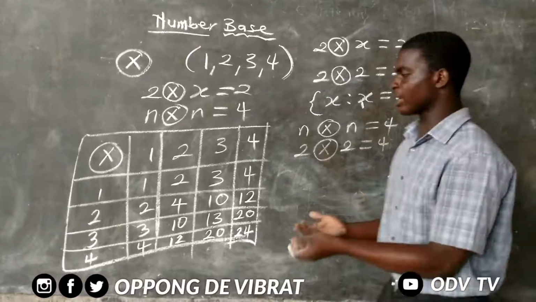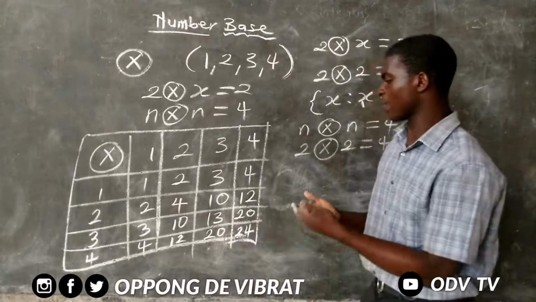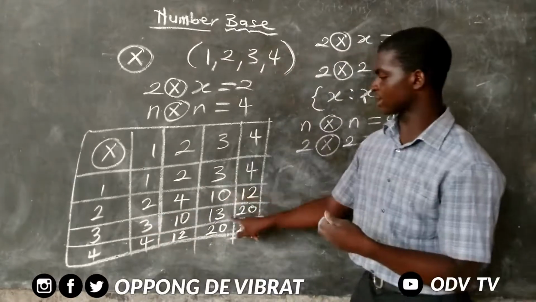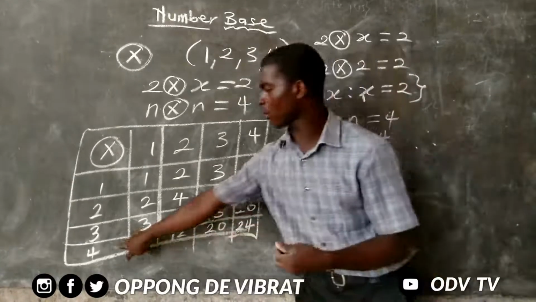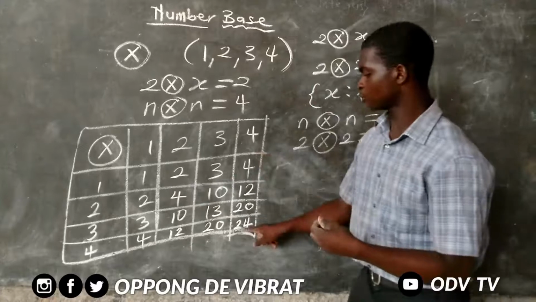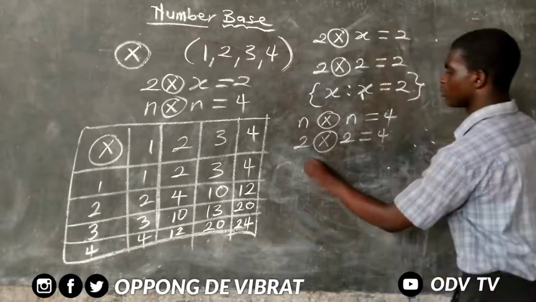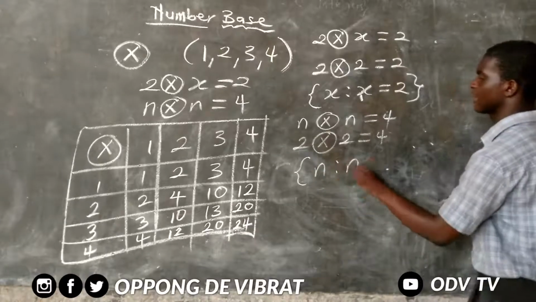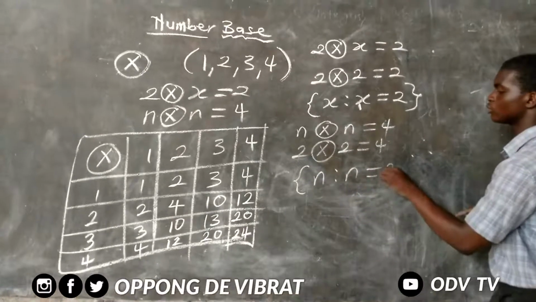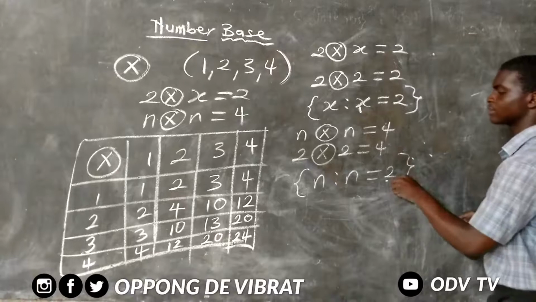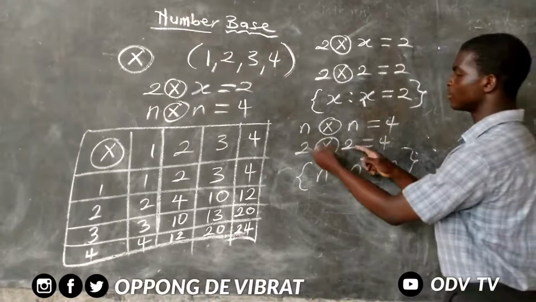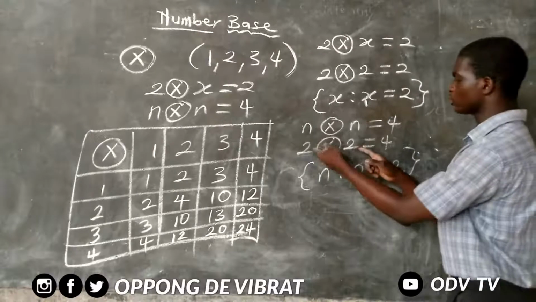Let's look into it again, if we have another number multiplying itself to give us 4. 3 ⊗ 3 gives us 13, 4 ⊗ 4 gives us 24. And so we have the truth set to be n such that n is equal to 2, since 2 was able to replace n to give us the answer 4.